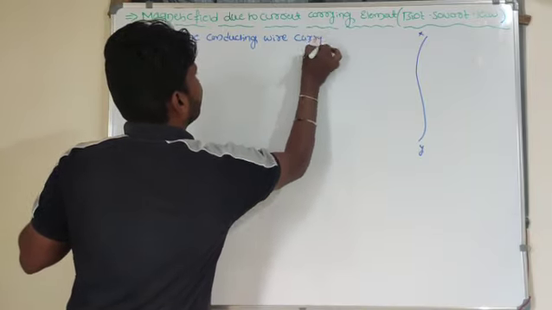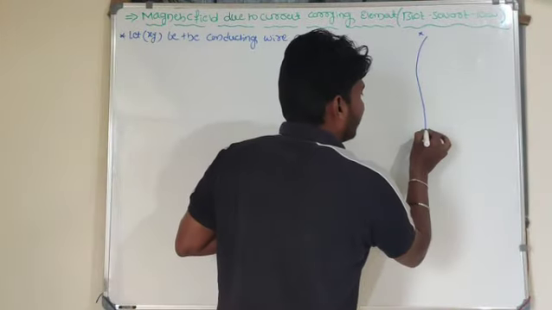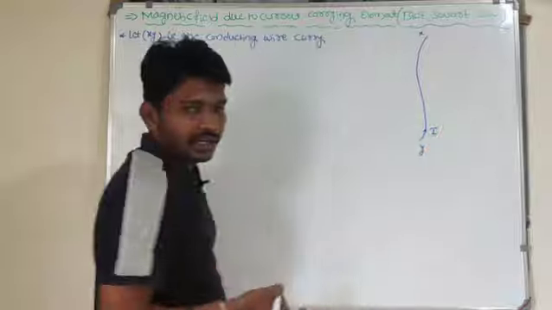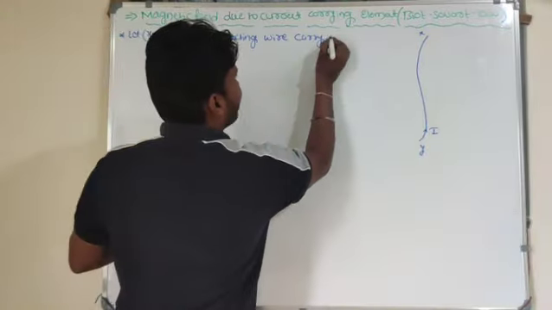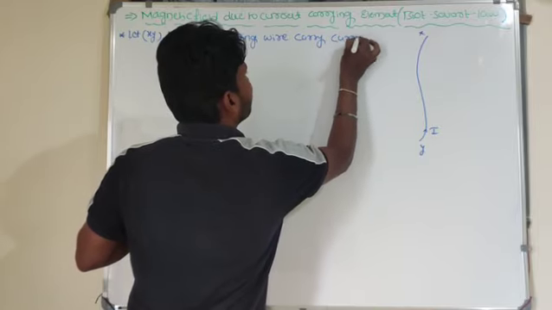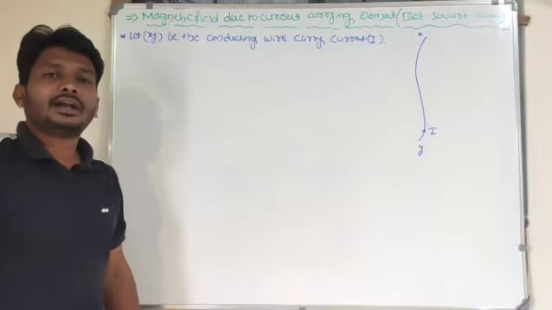In this conducting wire it will carry a certain amount of current. That magnitude of current in general I will take as I here. So let XY be the conducting wire carrying current I.